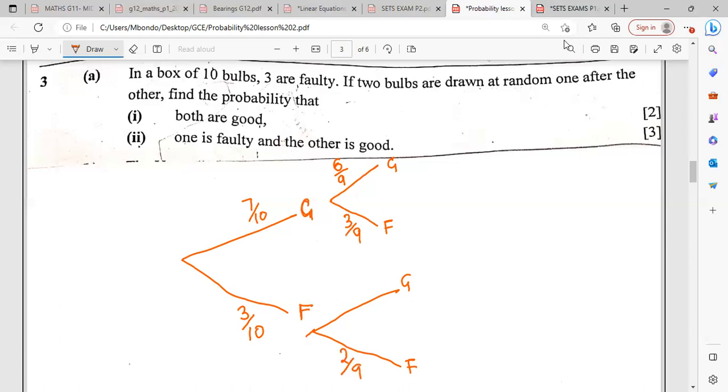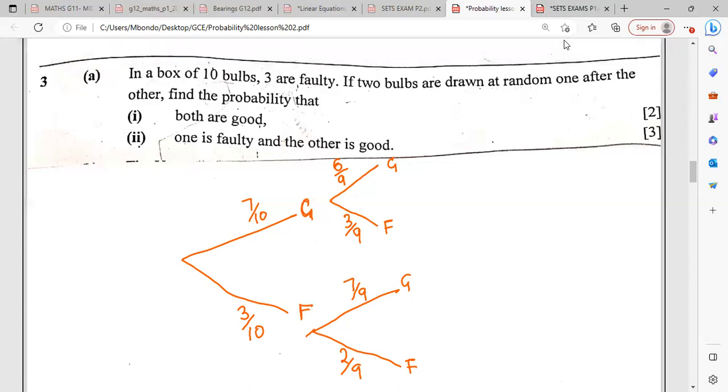This one still stands at 7 because the first one to be removed was a 40. So the good ones are still 7, over 9. On the second draw, the total number will have reduced from 10 to 9.